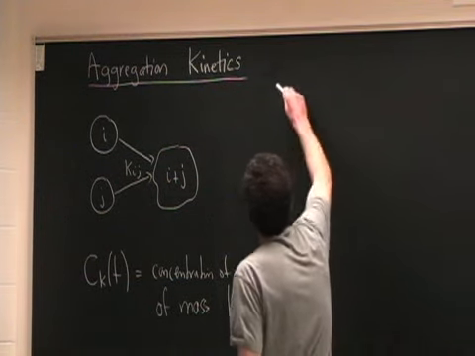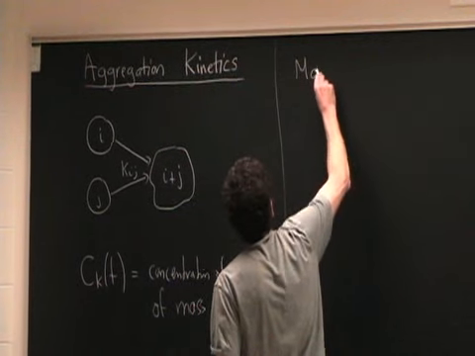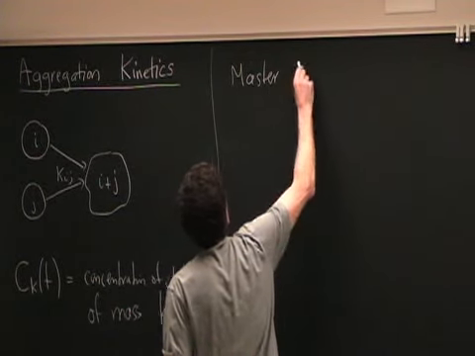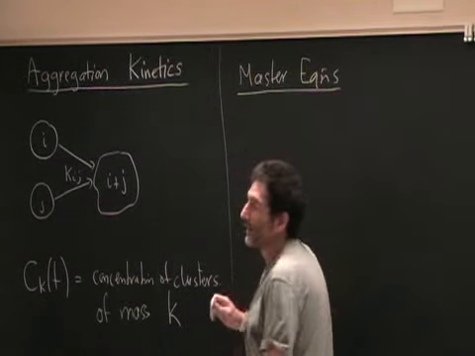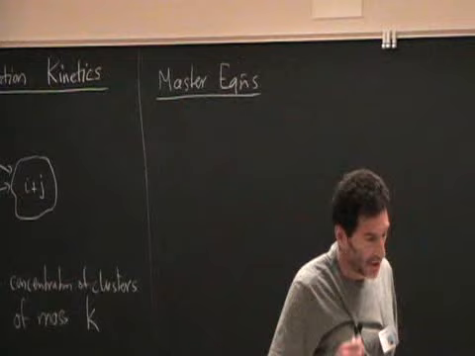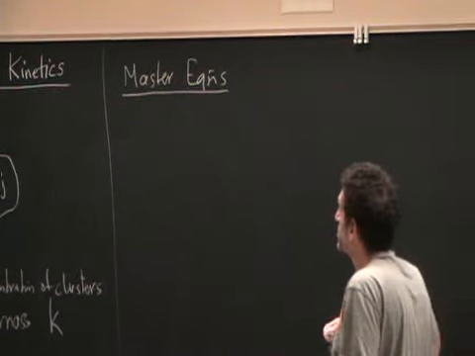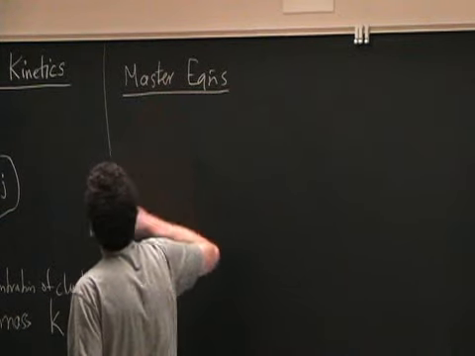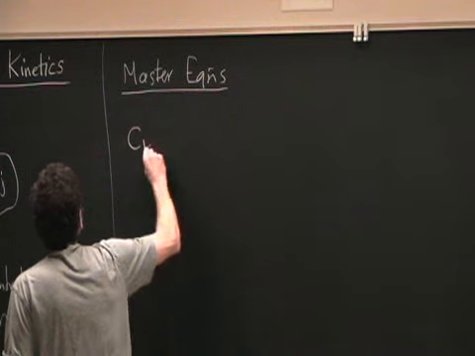So the simplest starting point is something known as the master equation. So you already heard a little bit about this from Royce from a theoretical or an abstract perspective, and now I want to show you the example of the master equations for this specific example of aggregation kinetics. So let me write them down and explain them, and then we're going to try and solve them.